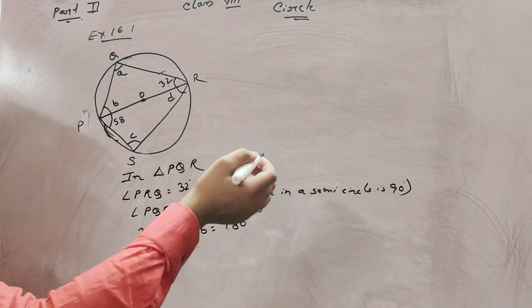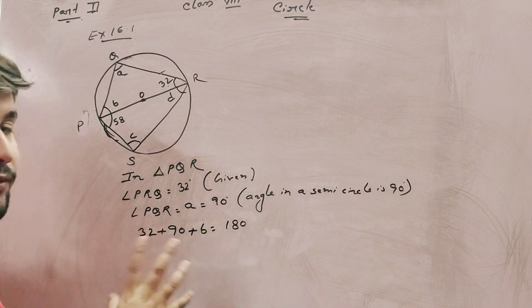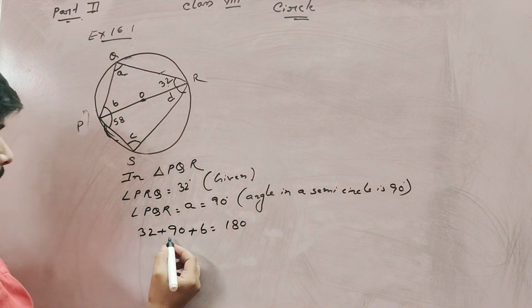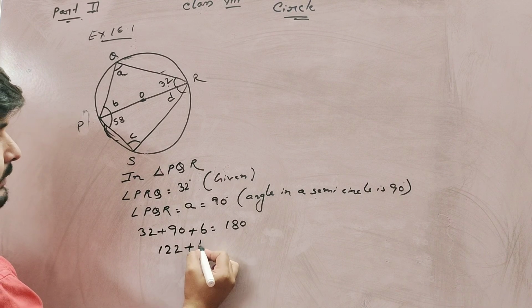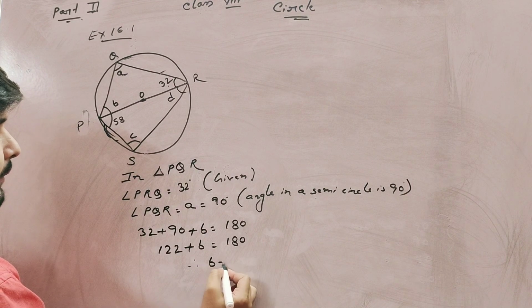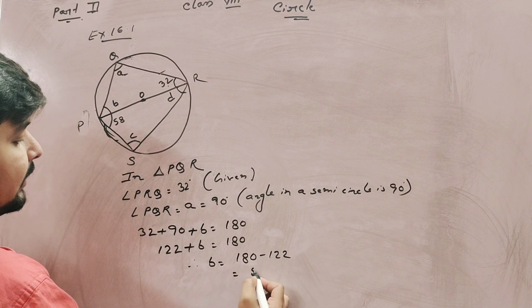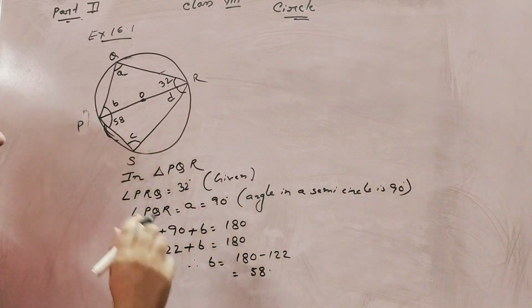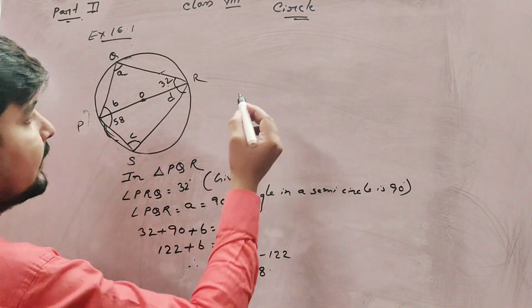Reason: we know that the sum of all interior angles of a triangle is 180 degrees. So this is 122 plus B equals 180. Therefore B equals 180 minus 122, it's 58. Clear?